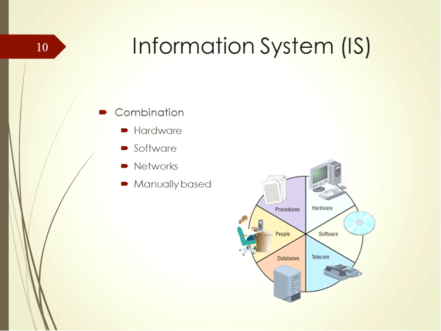Along the same lines, information systems are also defined as a set of interrelated components that collect, manipulate, store and disseminate data and information, and provide a feedback mechanism to meet an objective or a goal.